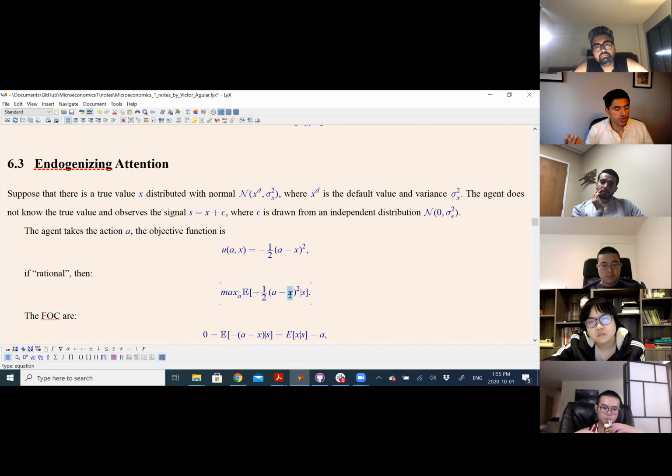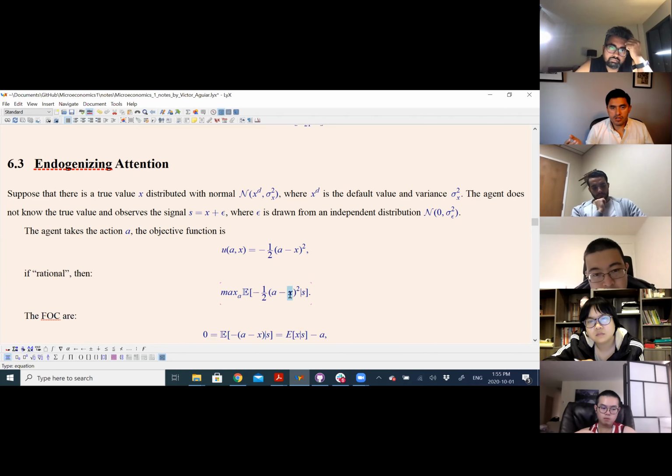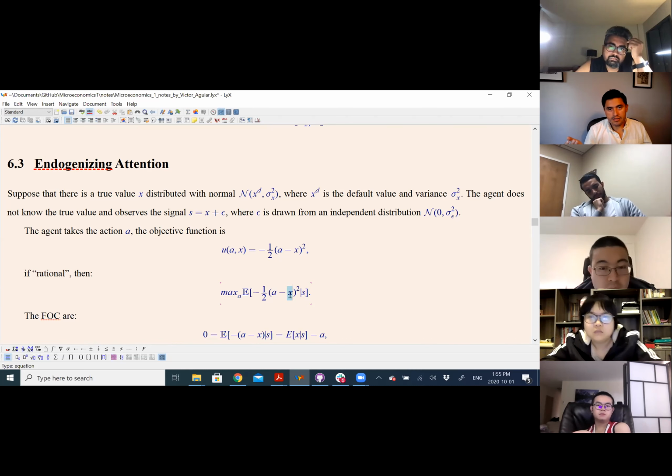I can try to infer the probability of X given the noisy signal S. How do I do that? Well, one way to do it is by using a Bayesian updating approach. At some point in your life, I think you have faced Bayes rule.